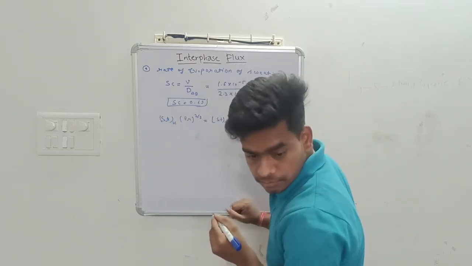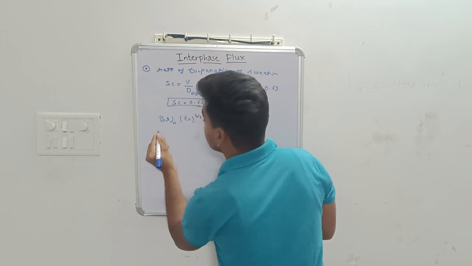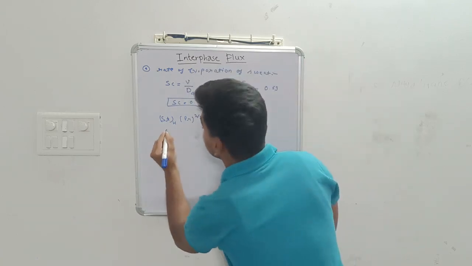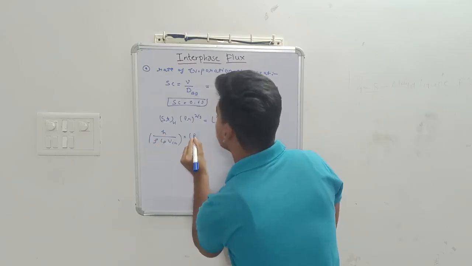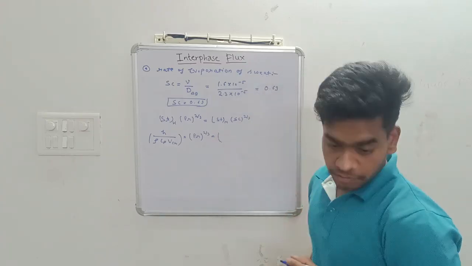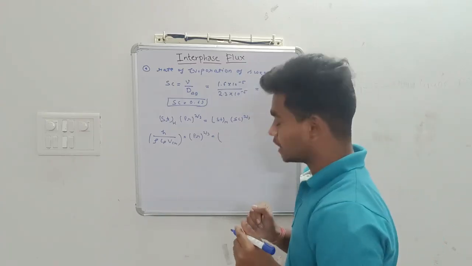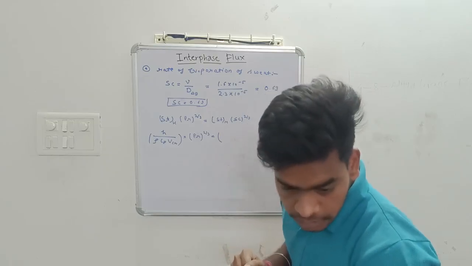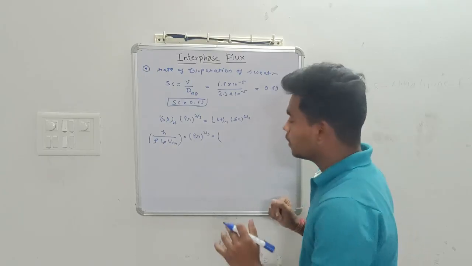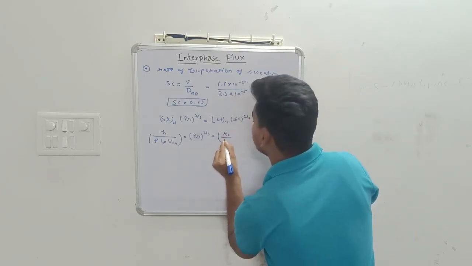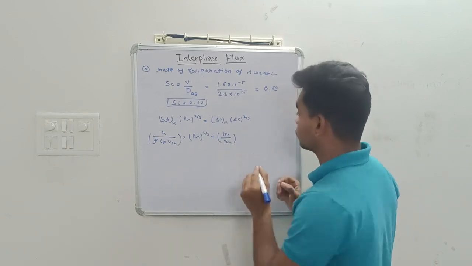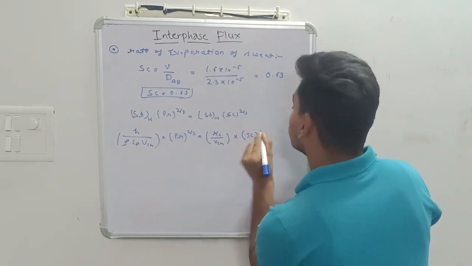St means Stanton number for heat transfer, defined as h by rho Cp V times Prandtl number to the power 2 by 3, and the Stanton number for mass transfer is defined as Kc by V characteristic times Schmidt number to the power 2 by 3.